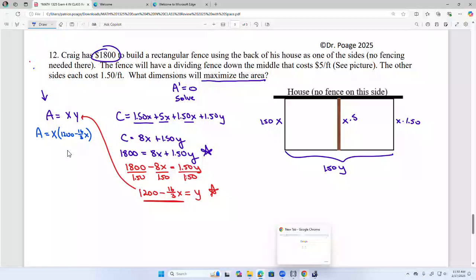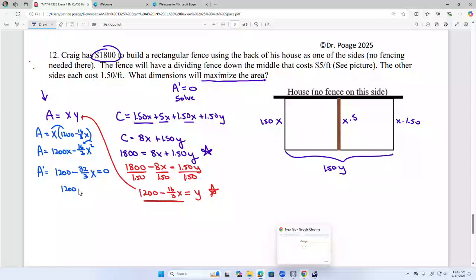I can take the derivative right here, but I don't want to use a product rule, so I'm going to distribute: 1,200x minus 16 thirds x squared. Taking the derivative, I get 1,200 minus 2 times 16 thirds, which is 32 thirds x to the 1. Set that equal to 0.